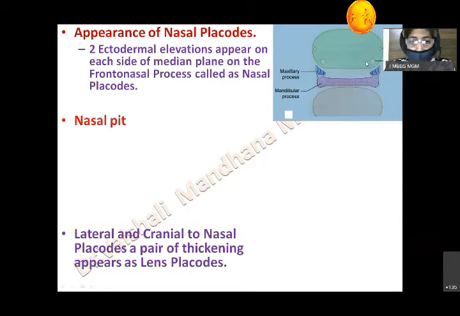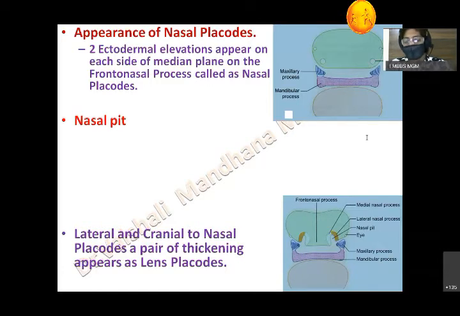Now what happens? In the lower figure, you can appreciate the central part of this nasal placode is depressed down and the surrounding mesenchyme gets elevated. The depression is called a nasal pit.